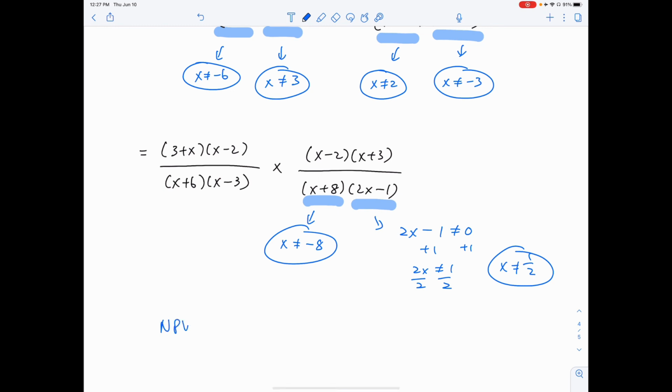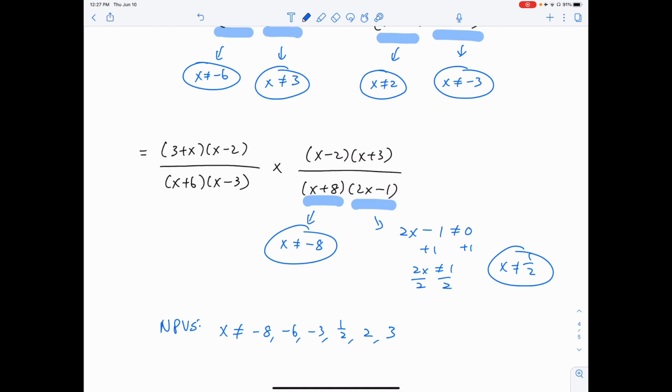NPVs, in this case, they're all x's, so I can list them out as x cannot equal, the smallest being -8, then -6, then -3, then 1/2, and then 2, and then 3. And that would cover all the NPVs that we're going to get for this type of question.